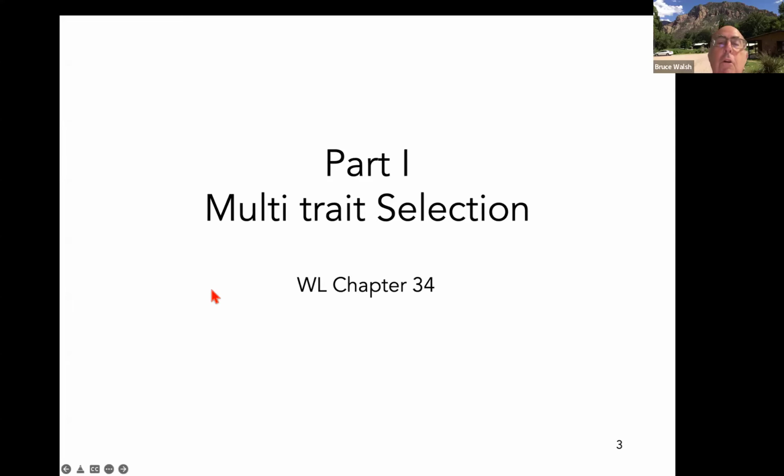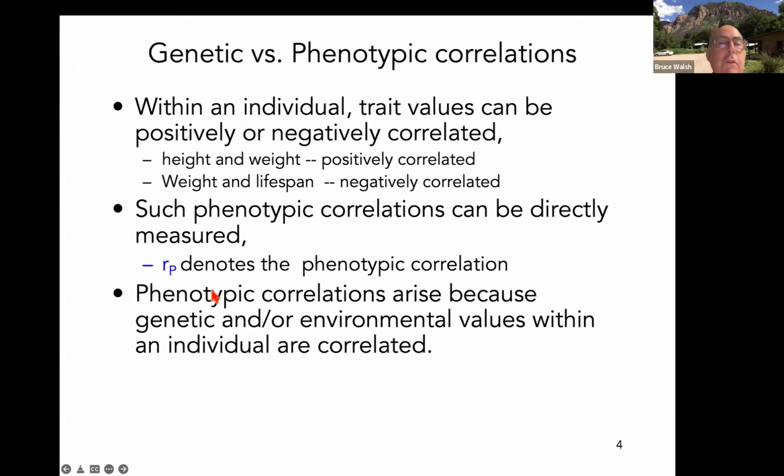So to start with, we need to have two different types of correlations that we deal with: phenotypic correlations and genetic correlations. So within an individual, trait values can be positively or negatively correlated. For example, height and weight, positively correlated; weight and lifespan could be negatively correlated.